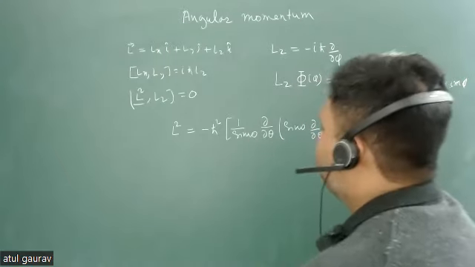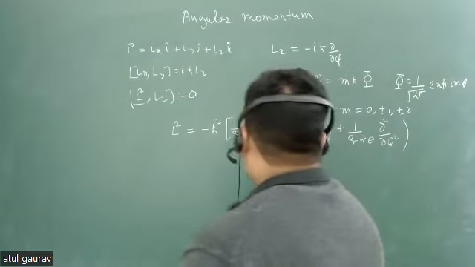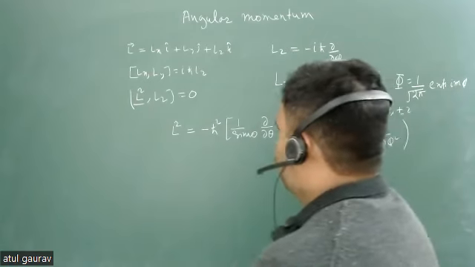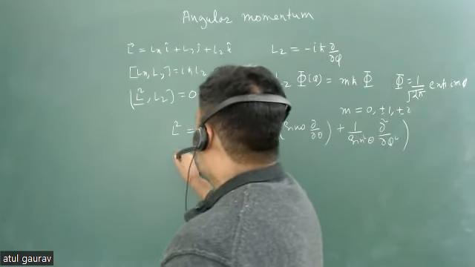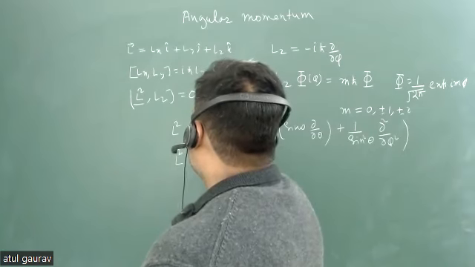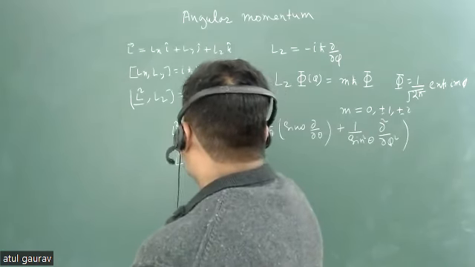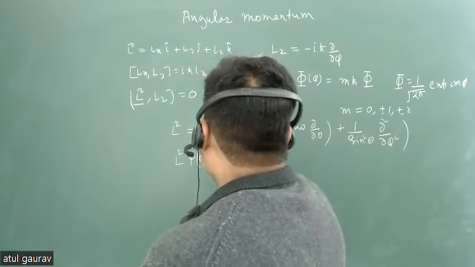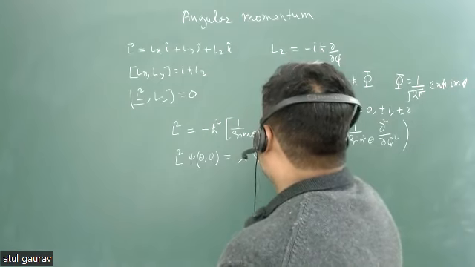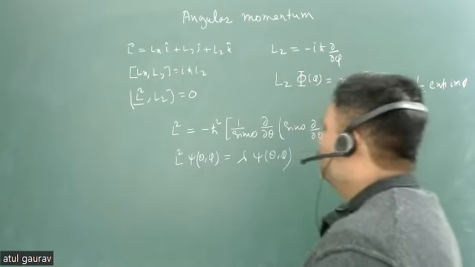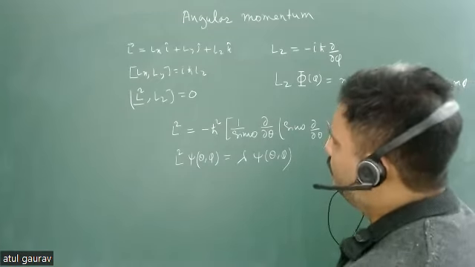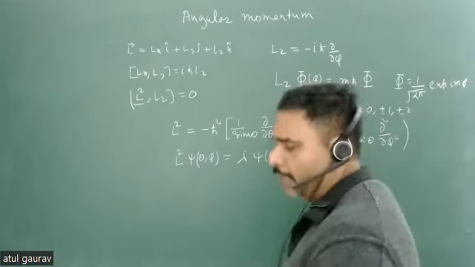Now you can see we have L square as a function of theta and phi. So I can write L square operating on psi of theta and phi will give us lambda psi of theta and phi, where psi theta phi is the eigenstate of L square with eigenvalue lambda.